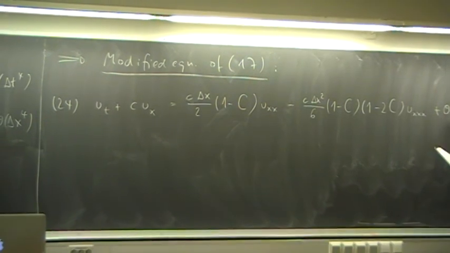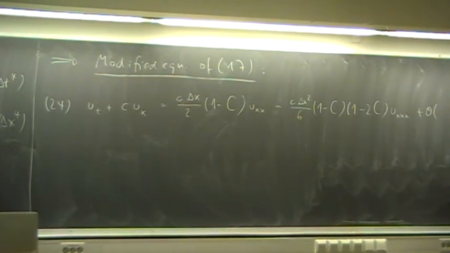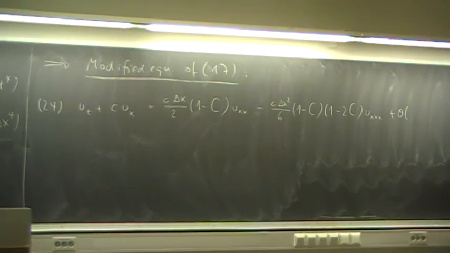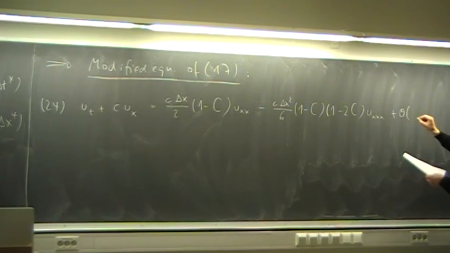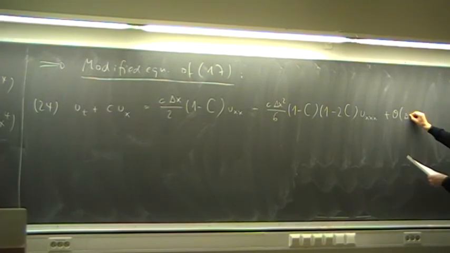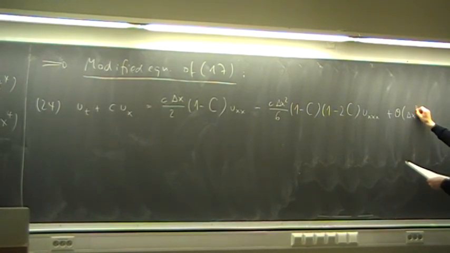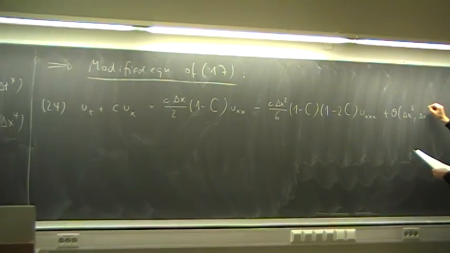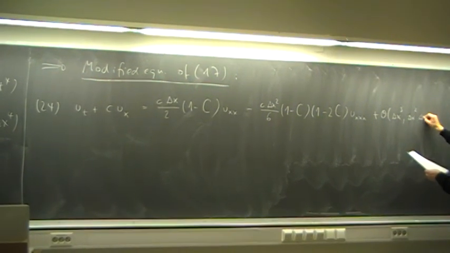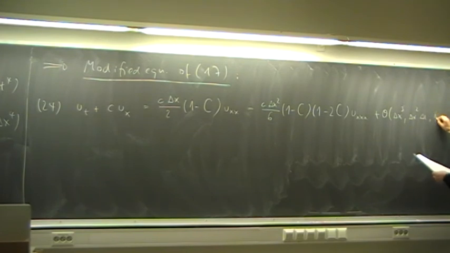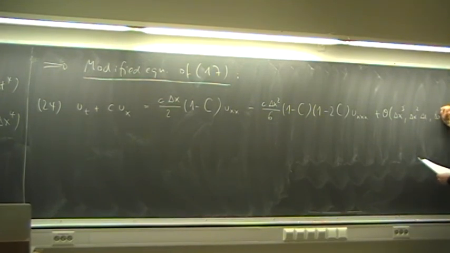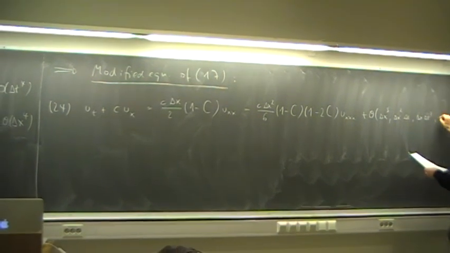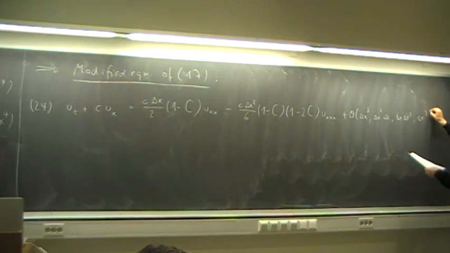And so that is how far it is done here. We could go on, but that is not so interesting. These two terms tell us already quite a lot. And the error terms will be of order delta x squared, delta x squared delta t, delta x delta t squared, and delta t to the power 3.